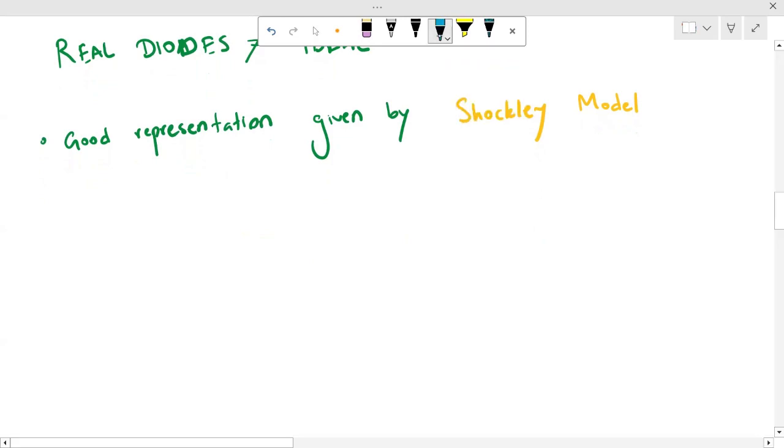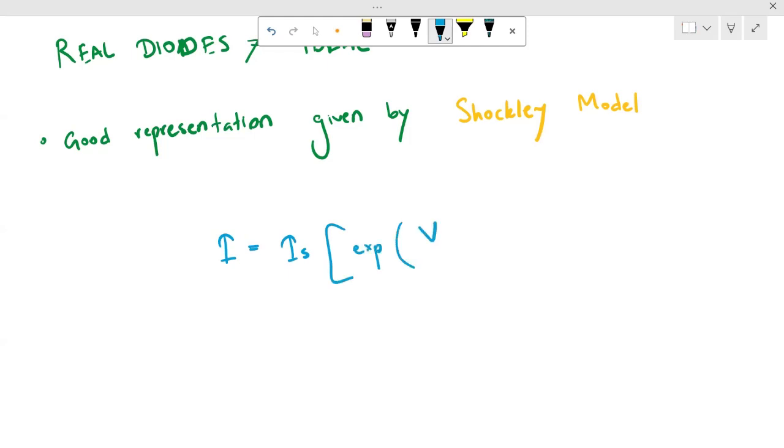So the equation to find your current through the Shockley model with the resistance and everything holding back the current is I is equal to Is exponential of V over N Vt, minus 1.